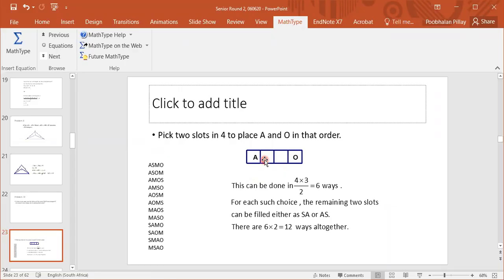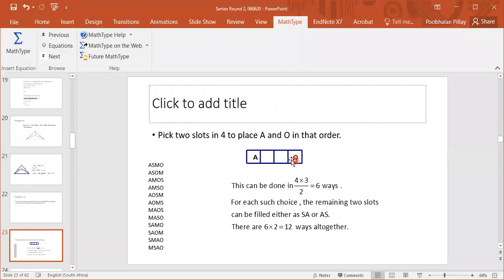So we put these 4 letters into 4 boxes, and we must make sure that the A is before the O. So you can put A and O anywhere, provided you put A before the O. And to do that, you need to choose 2 boxes from 4. I told you the last time, whenever you want to choose 2 from N, it's a very important principle: N times N minus 1 over 2.